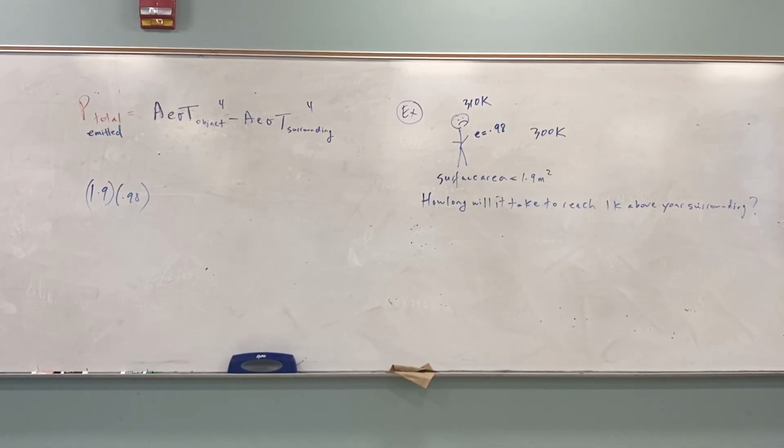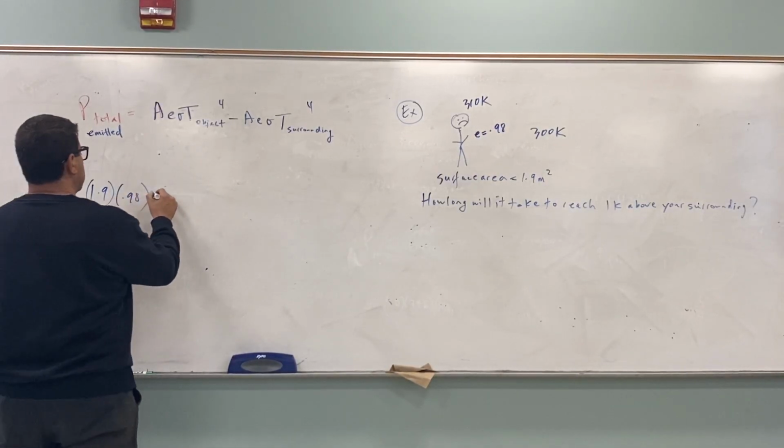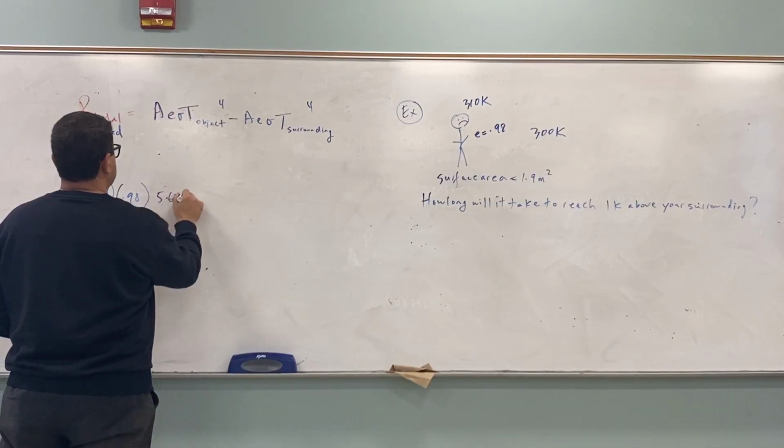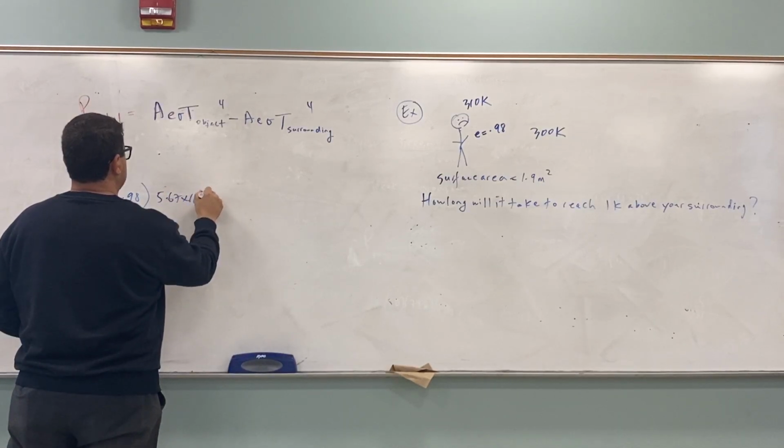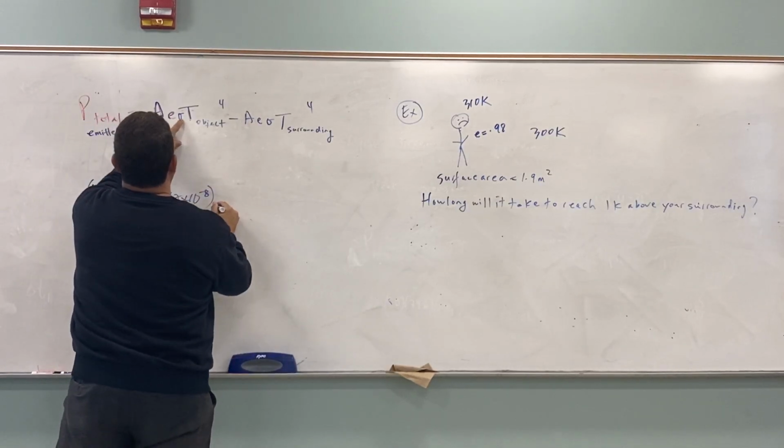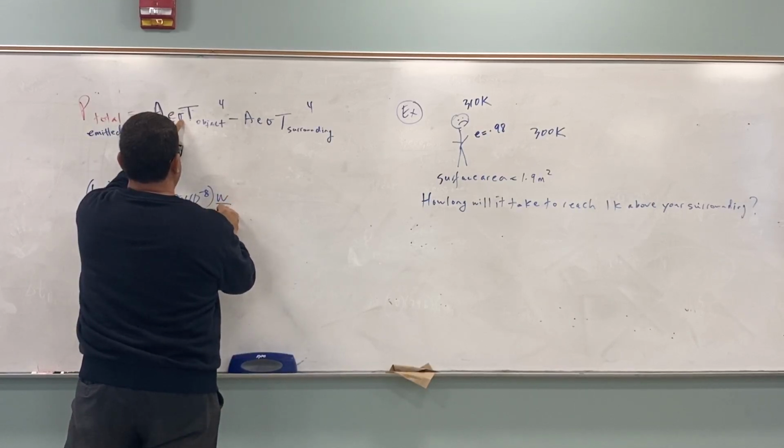I think it's just called the Stefan-Boltzmann constant. 5.67 times 10 to the negative 8 watts per meter squared per Kelvin to the 4th. So the units of the sigma are watts per meter squared Kelvin to the power 4.